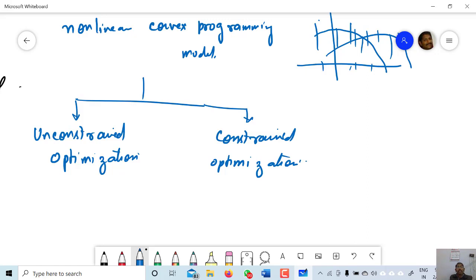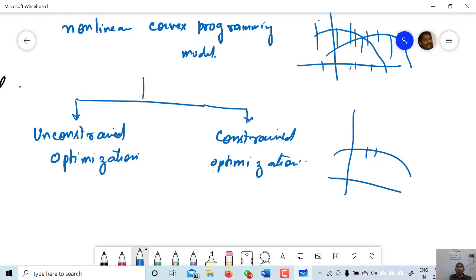What is the basic difference between these two terms? In the case of unconstrained optimization, the optimum will be taken at a particular place. That means if there is a function like this, then we will consider only a particular region of the function and try to find the optimum value in it.